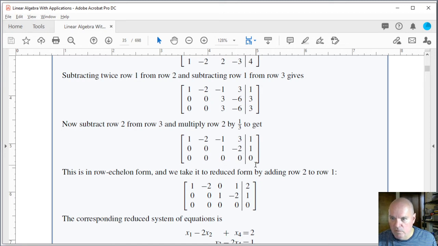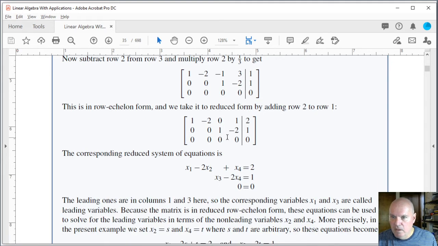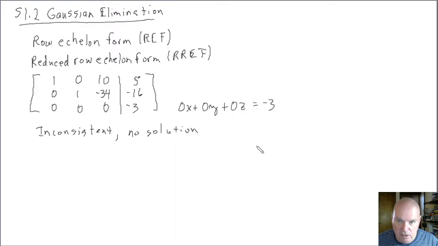If we eliminate the 1 above the leading 1 and the minus 1 above the leading 1 in this form, we get reduced row echelon form, and it's easy to do in this case. Just add row 2 to row 1. We'll get rid of that. And so here's the corresponding reduced row echelon form. Now, this last line corresponds to 0 equal to 0. That's consistent.